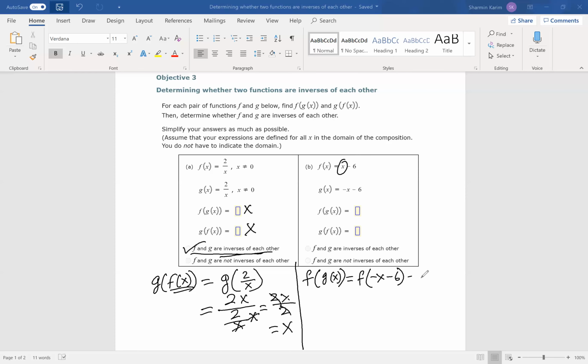So we have negative x minus 6. Then we have another negative 6 here. Let's copy. So what we end up with is negative x minus 12. So f of g of x is negative x minus 12. That's what we get for this one.